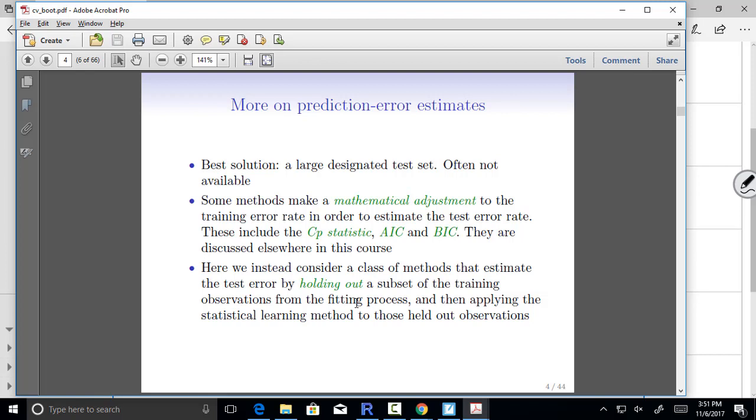But then you iterate and do that again with a different held out subset. Train it on what's currently training, evaluate it on the held out. Repeat, repeat, repeat until every individual has been used as a test individual once. Then essentially we average over those iterations, and that's cross-validation.